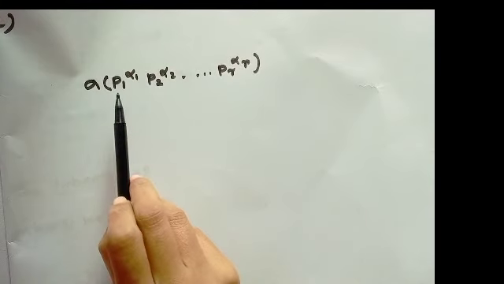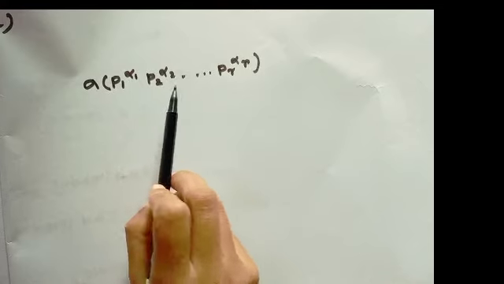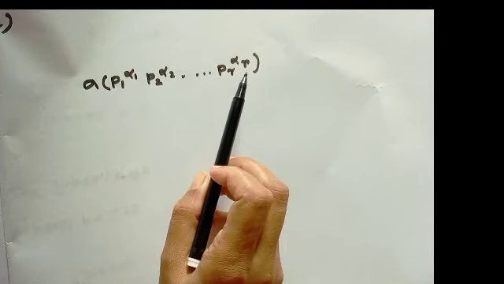Then what will be sigma of p1 to the power alpha 1, p2 to the power alpha 2, up to pr to the power alpha r?